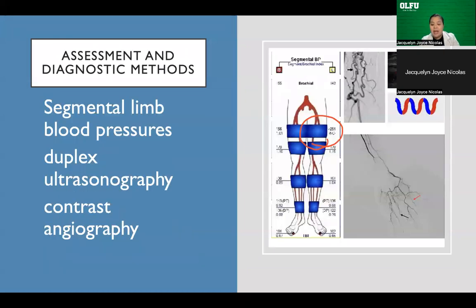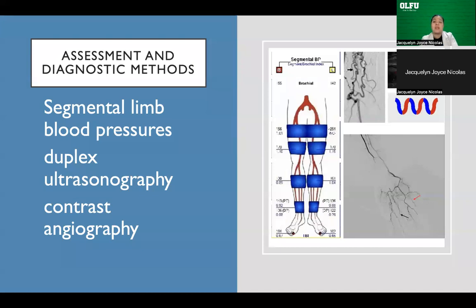Now, how can we diagnose thromboangiitis obliterans? So, you have segmental limb blood pressure. Nabanggit natin to kanina sa peripheral arterial diseases. Di ba? You can also do duplex ultrasound sonography. Okay. By the way, segmental limb blood pressures, we take it on different parts of the extremities. Okay.